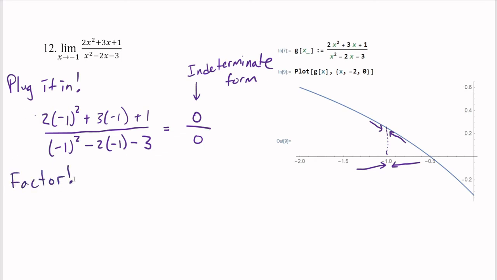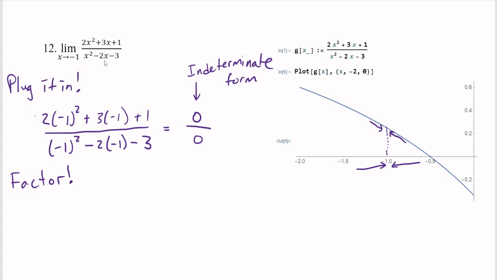The way you've got to think about this is, this -1 I plug in is trying to make top and bottom 0, and it does. Both are getting closer to 0 as I get closer to -1. So as I go to -1, there's a root in each of these that is dragging the whole polynomial to 0.